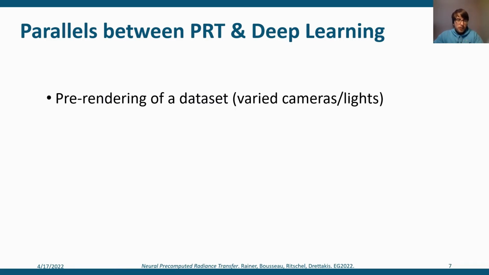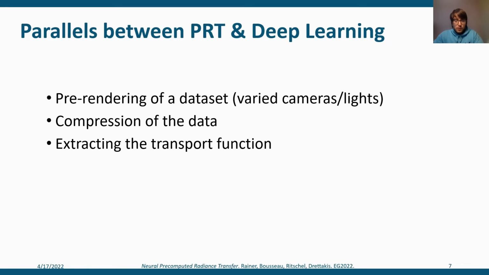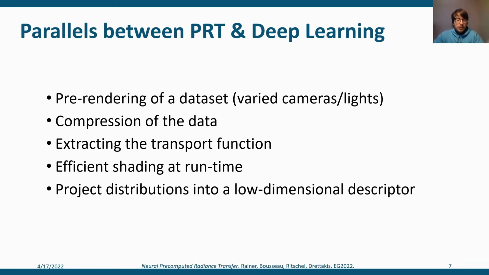So there's the pre-computation of a data set, there's the compression of this pre-computed light transport, the extraction of a transport function, efficient runtime, and projecting distributions into low-dimensional descriptors.